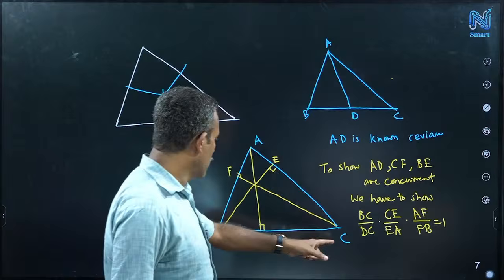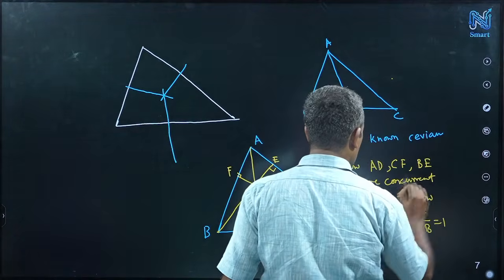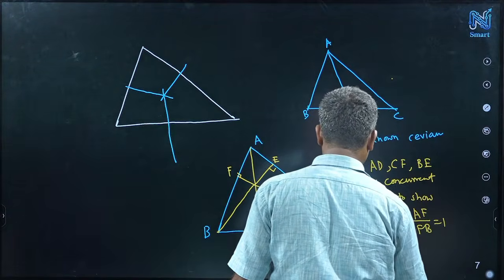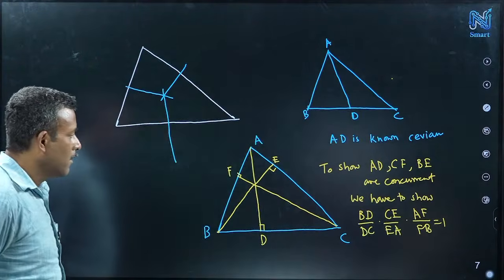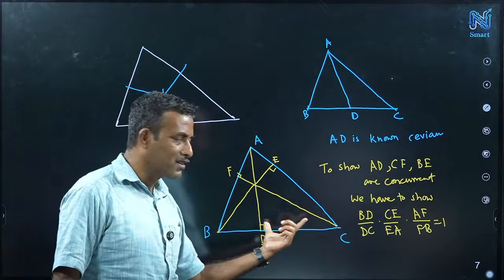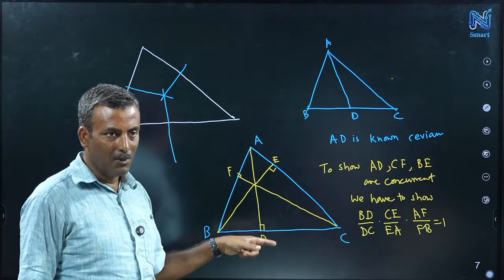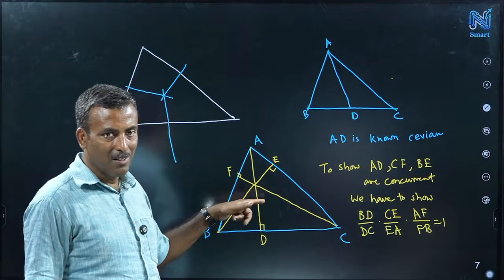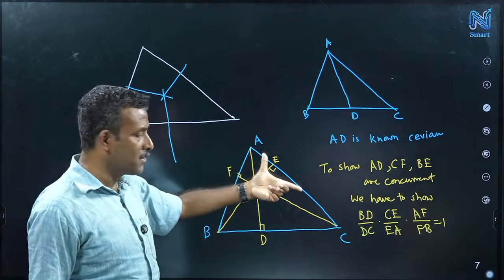Sorry, it is not BC, it is BD, right? BD by DC, CA, right? Now we don't know what the ratio is. For a median we know the ratio is 1, and for an angle bisector the ratio is the same as this ratio.